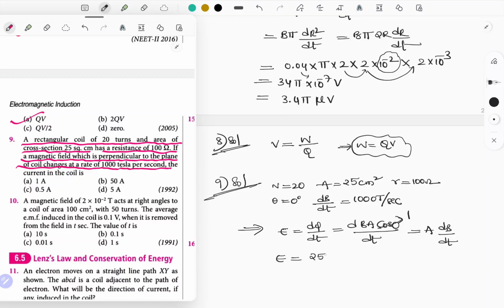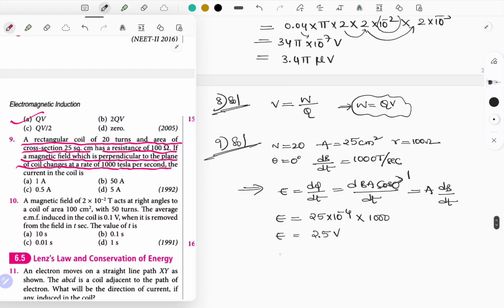Area is 25 centimeter square, it is going to be 10 power minus 4 meter square. 1 centimeter is 10 power minus 2, 10 power minus 2 square will be 10 power minus 4, and dB by dt value is 1000, which is 10 power minus 3. So induced EMF is going to be 2.5 volt.